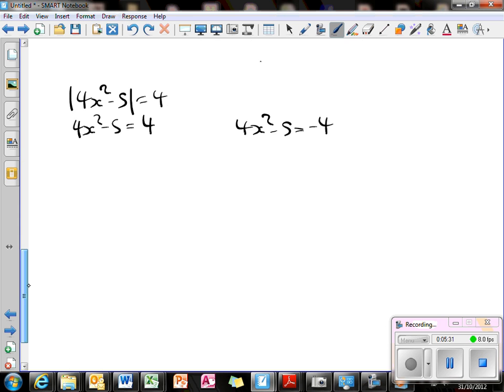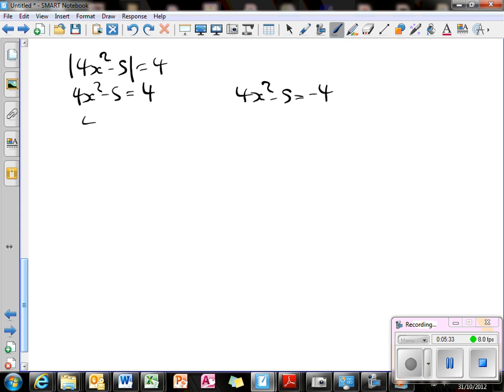Okay, so let's have a look. This is going to go to 4x squared equals 9, x squared equals 9 over 4, x equals square root of 9 over 4. That's going to be 3 over 2 and minus 3 over 2.